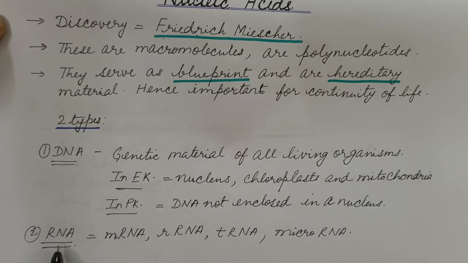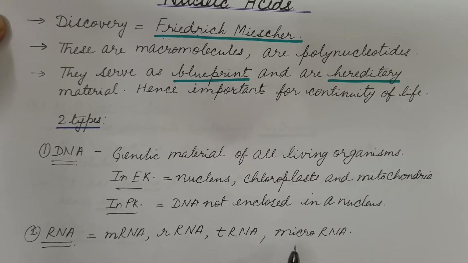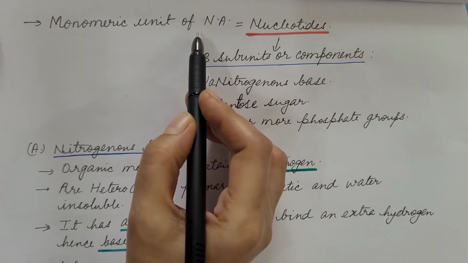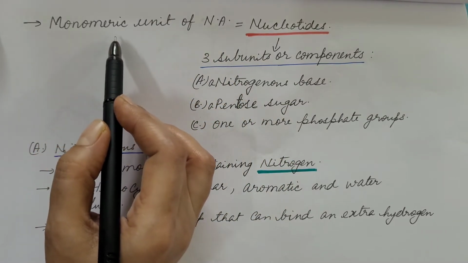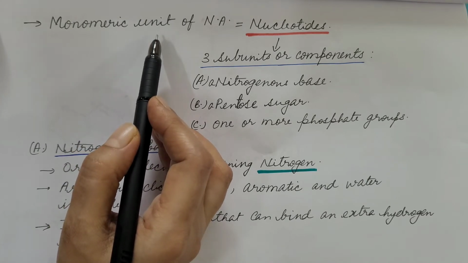Now the RNA, it is the other nucleic acid. There are different types of RNA: messenger RNA, ribosomal RNA, transfer RNA, microRNA, which have different functions. This we will discuss in detail in a separate video. So nucleic acid is a macromolecule. It has a monomeric unit.